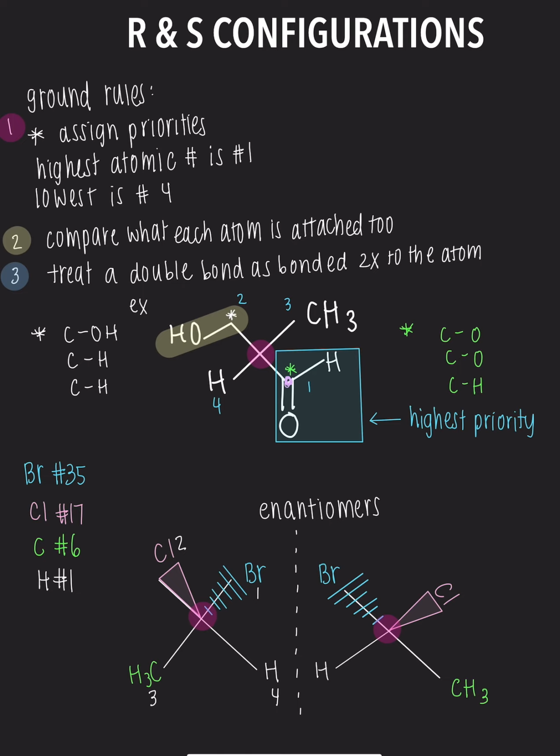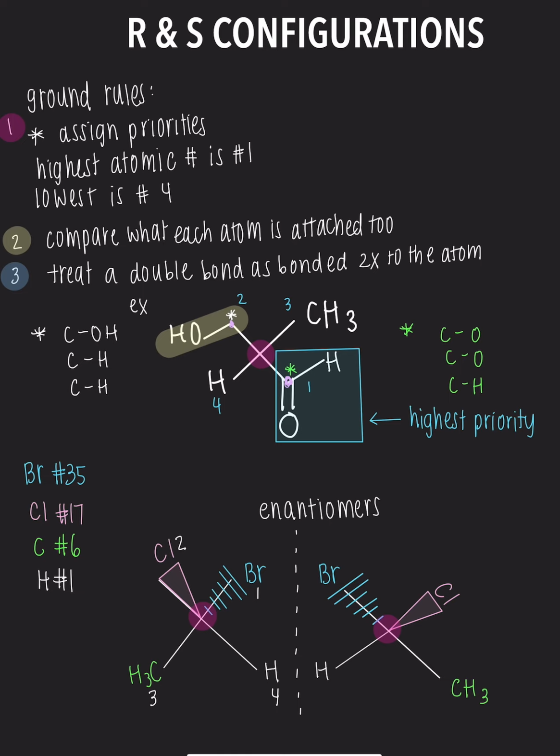This other carbon is attached to an oxygen, but only once. So this carbon is acting like it's attached twice, so it's going to have priority because it's attached 2 times and this is attached 1 time. Like I said, you treat a double bond as if it's attached 2 times, and a triple bond like it's attached 3 times.